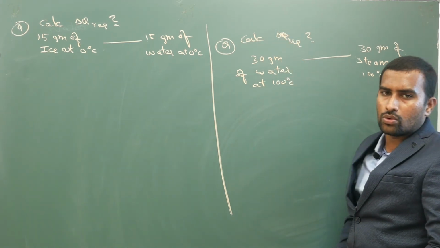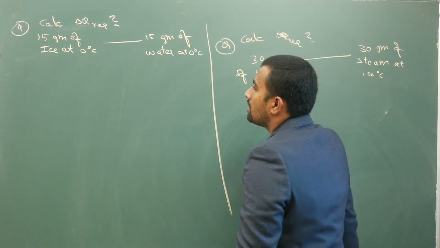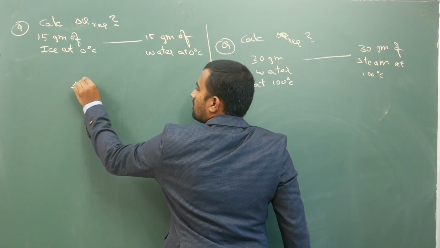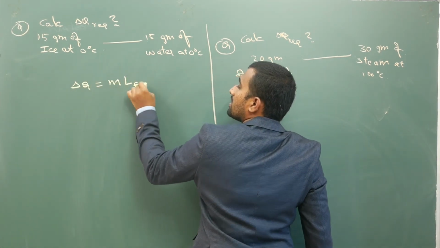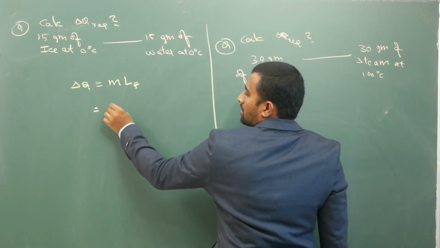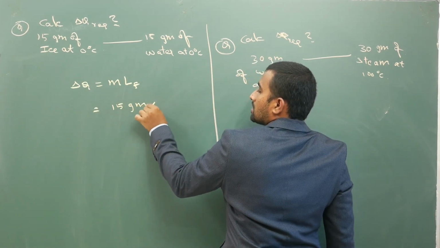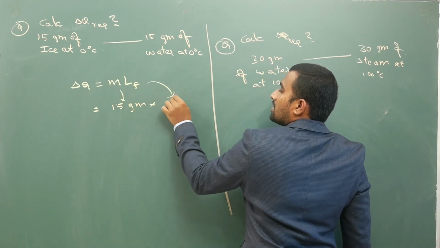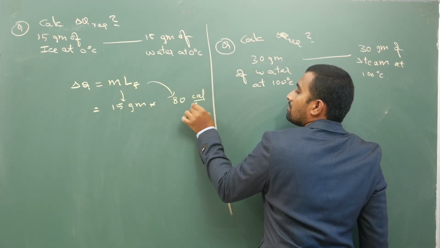If you remember from the previous slide, your formula is delta Q equal to mass times latent heat of fusion. So your mass is 15 grams times latent heat of fusion, 80 calorie per gram.